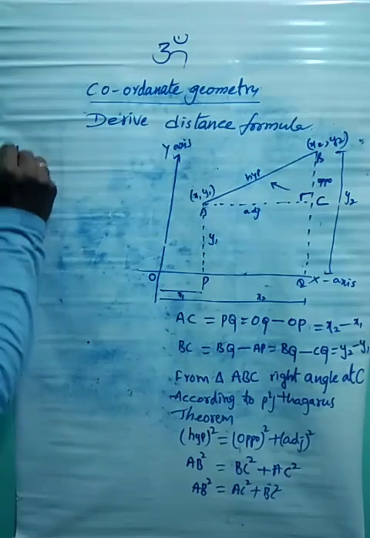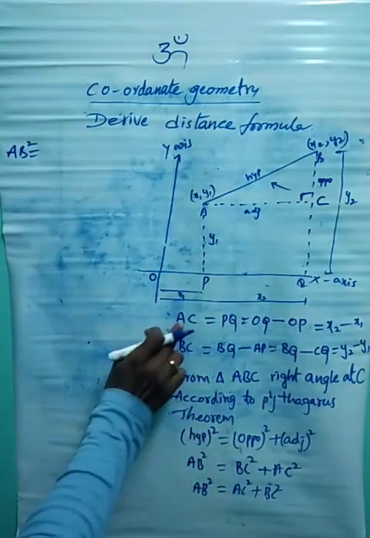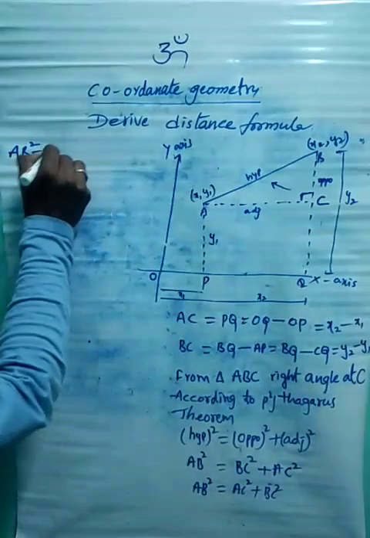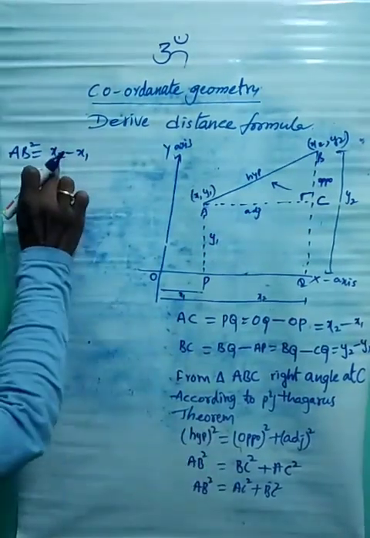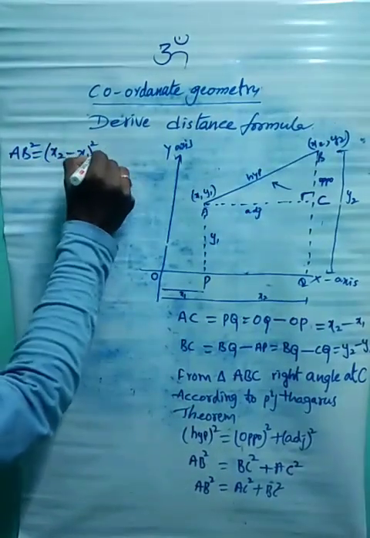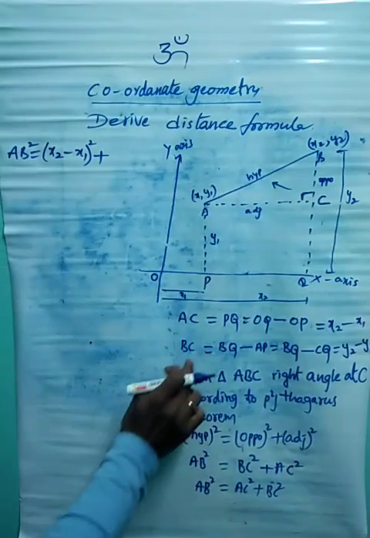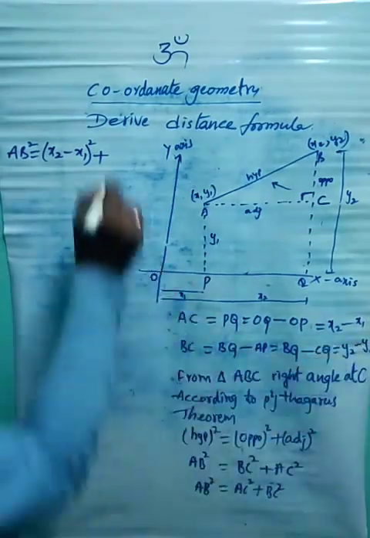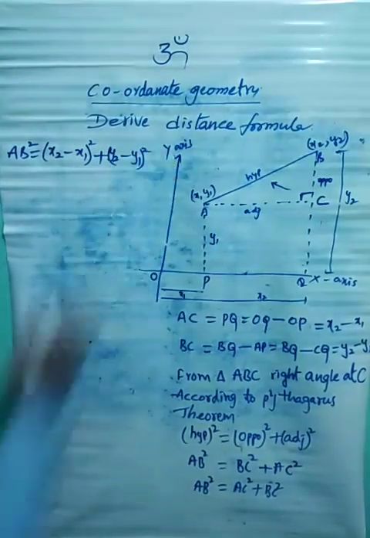Now AB square is equal to AC square. What is AC? Here we found the AC value x2 minus x1, so AC square is x2 minus x1 whole square, plus BC square, where BC is y2 minus y1, so BC square is y2 minus y1 whole square.